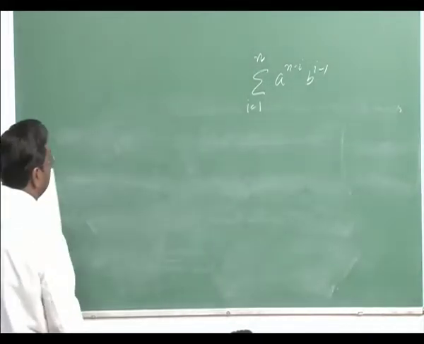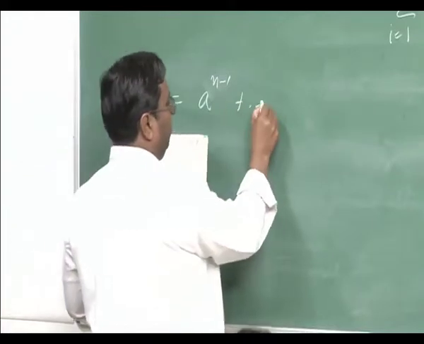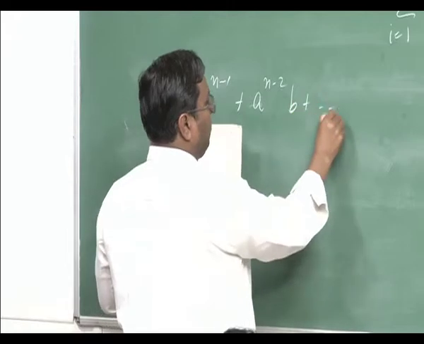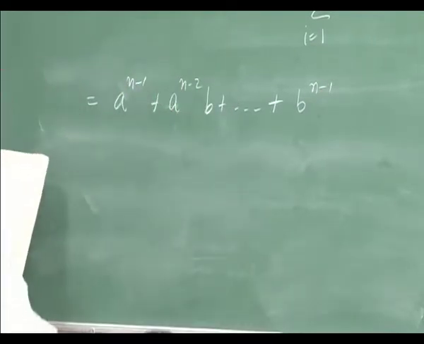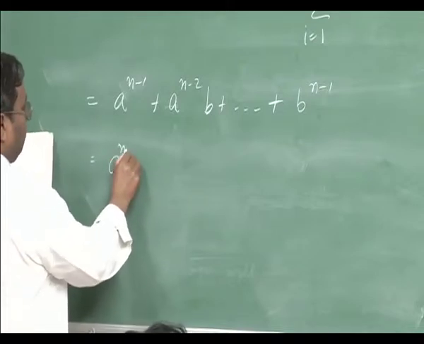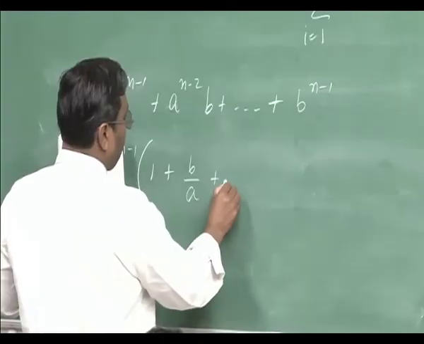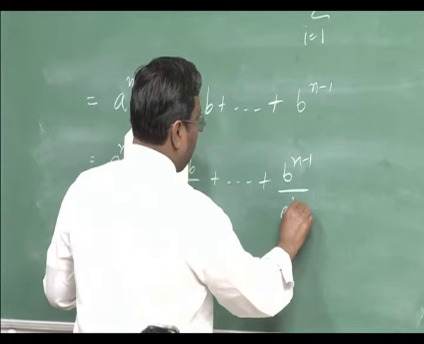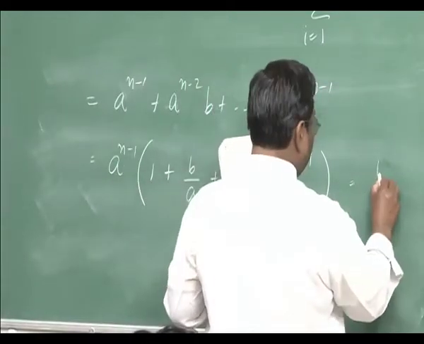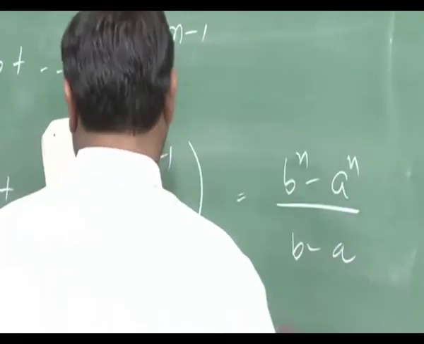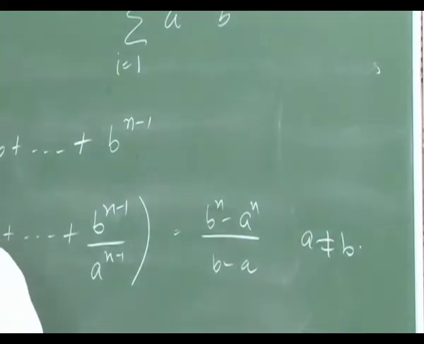This will give me this, and of course this is valid when A is not equal to B, because when A is equal to B this actually becomes a 0 by 0 form.